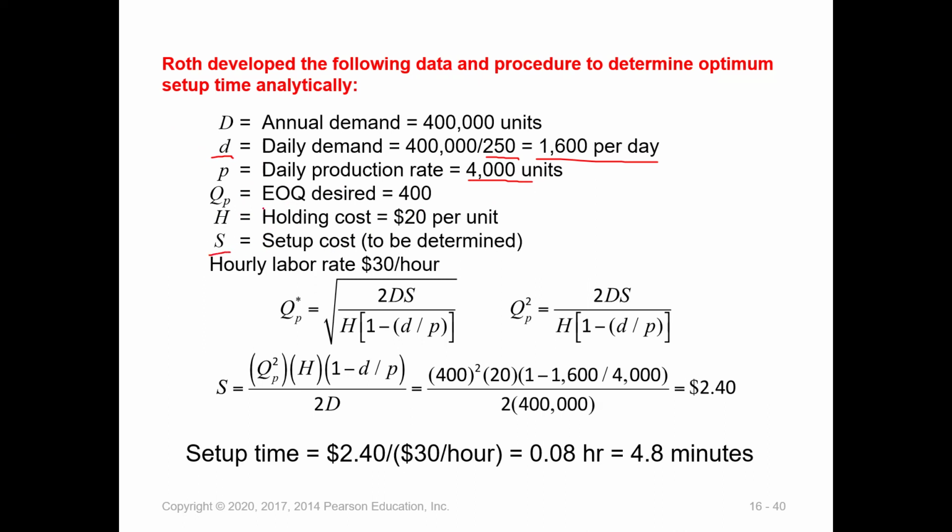That's the only difference. So we are given the EOQ. Before we used to find the EOQ or the Q star based on the EOQ, okay? Qp, which is given here, 400. Holding cost is $20 per unit. Setup cost to be determined. So hourly labor rate, this is very important. We will need it at the end.